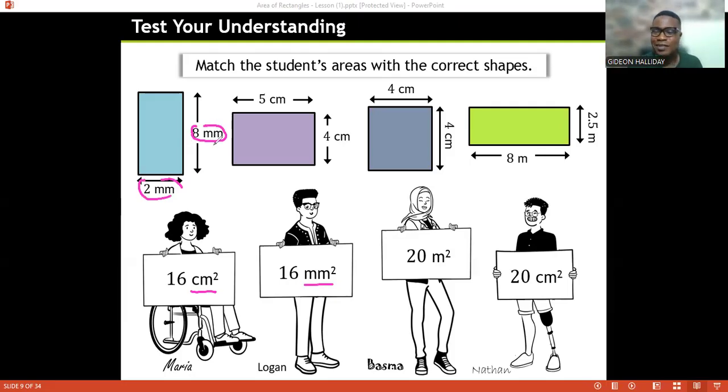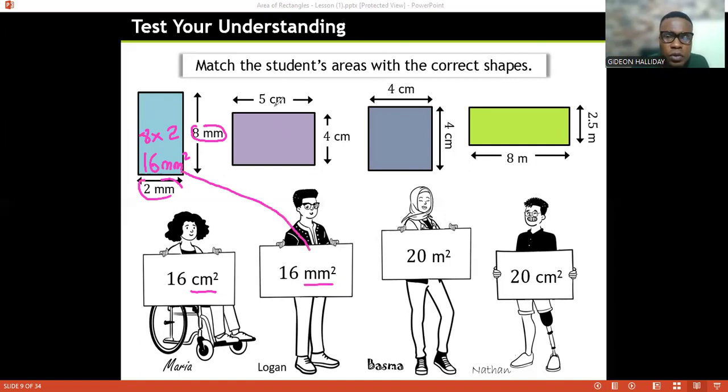That's, of course, length times width, easy peasy. This is a walkover, nothing complicated. This is 8 times 2, and that's 16 millimeters square. So we match this to 16 millimeters square. That's for Logan.